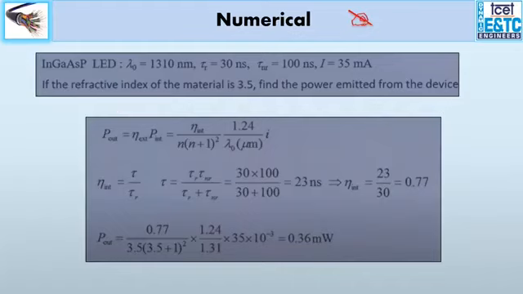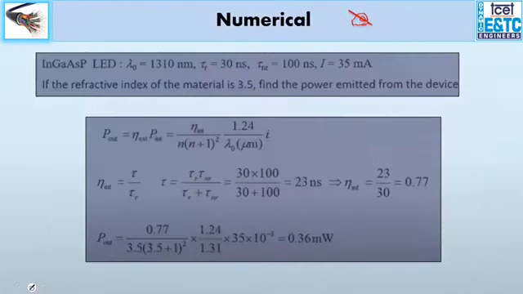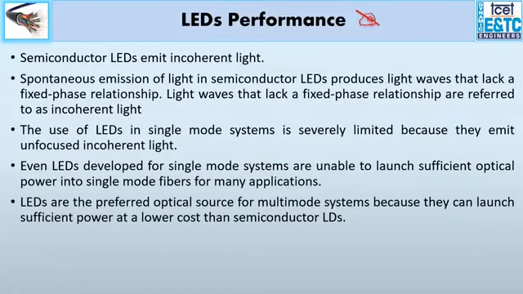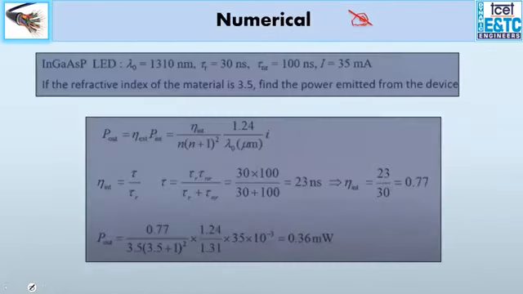I think I made a mistake here by saying that's a total efficiency. I'm sorry, it's PO by PIN, not I. PO by I is the total efficiency of the device. Yeah, do it.